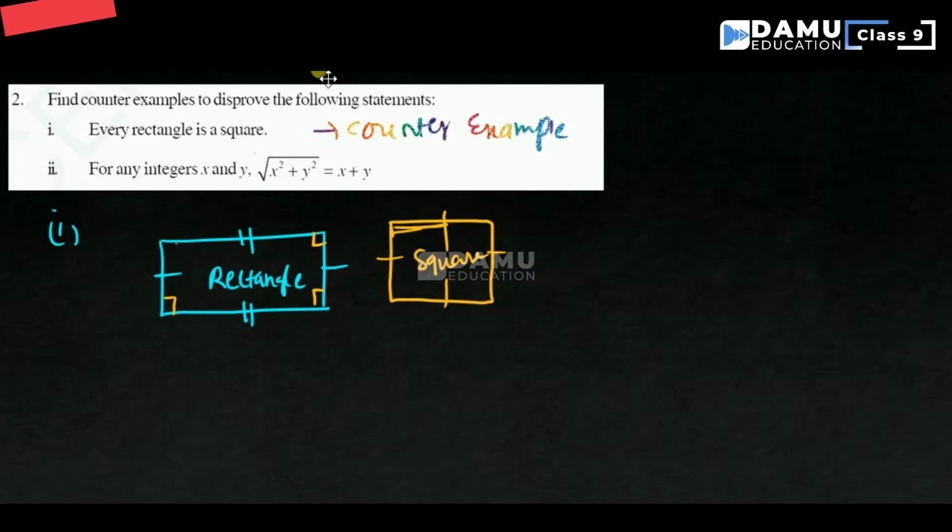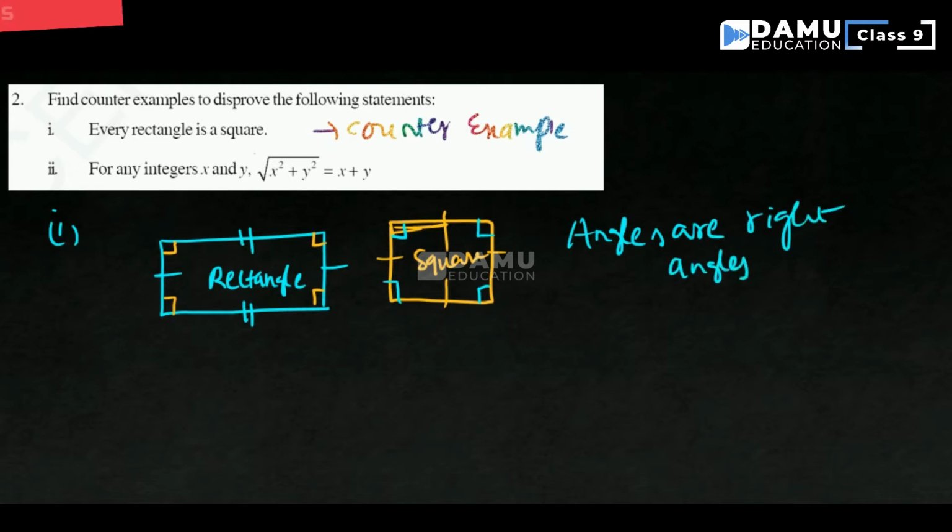In a rectangle the angles are 90 degrees, and in a square also 90 degrees. They both have right angles, that is 90 degrees, but the sides are not equal.